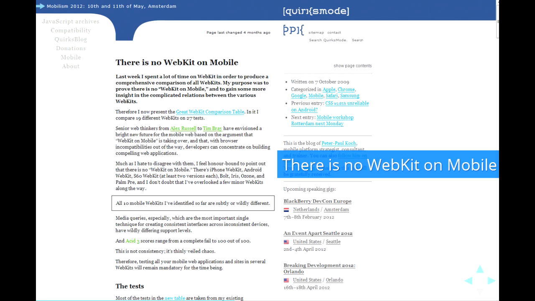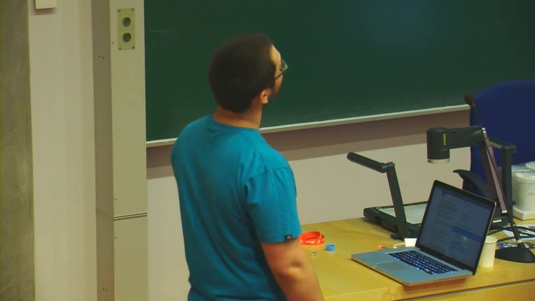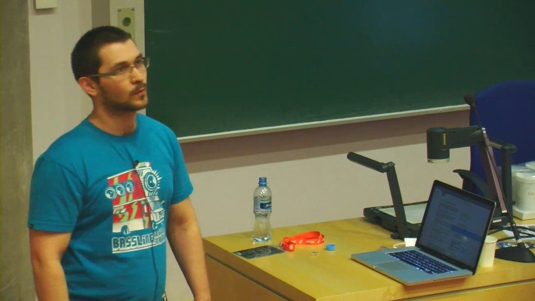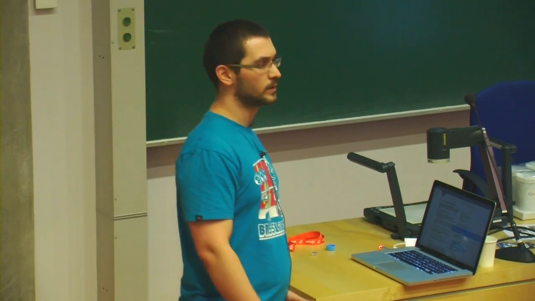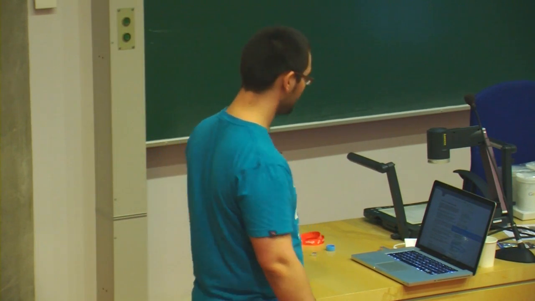But if you want to create an application in HTML and JavaScript, you must remember that in mobile there is no one version of WebKit. Each of them is quite different from the others. The differences are small, but nonetheless they exist.